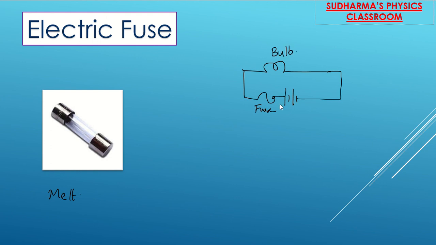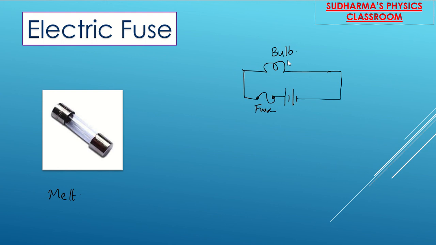So if excess current flows in a circuit, this fuse will break the circuit. Breaking the circuit means it will melt and there will be no connection between those two terminals. So the bulb is in an open circuit, and the bulb will not get affected by that high amount of current.